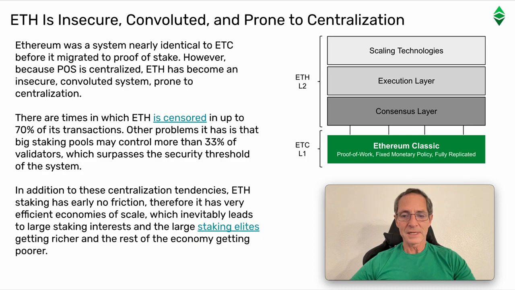Other problems it has are that big staking pools may control more than 33% of validators, which surpasses the security threshold of the system. In addition to these centralization tendencies, Ethereum staking has nearly no friction. Therefore, it has very efficient economies of scale, which inevitably leads to large staking interest and the large staking elites getting richer and the rest of the economy getting poorer.